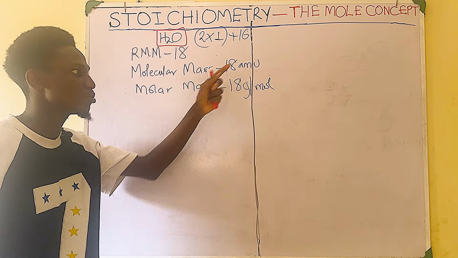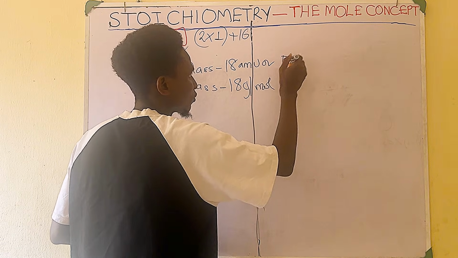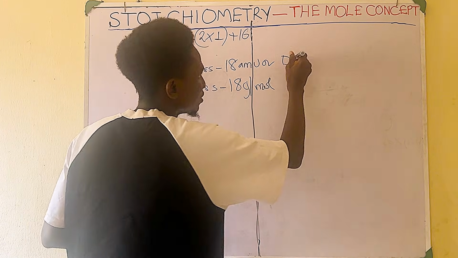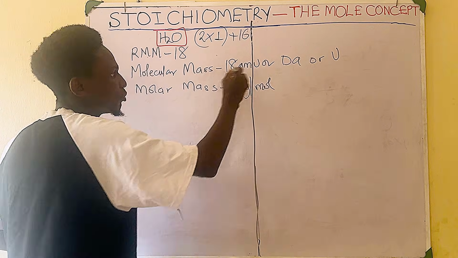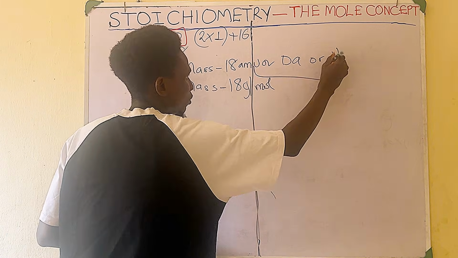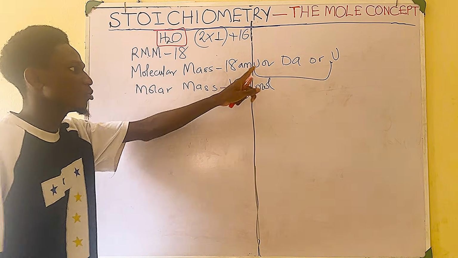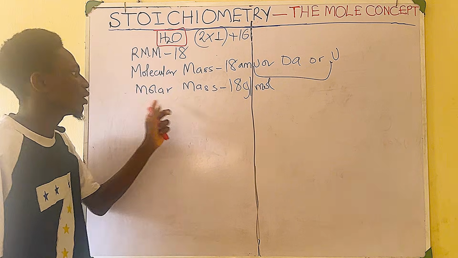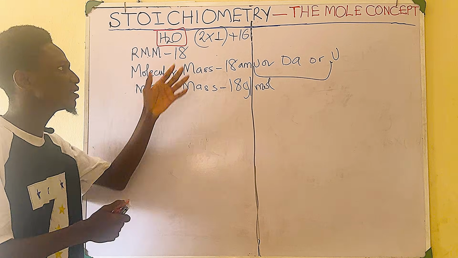This one has units as AMU or Daltons. The symbol for Daltons is Da, and u. So AMU can be presented as u for short. So either 18 AMU, 18 Daltons, or 18 u. Then molar mass is 18 gram per mole. So this is the distinction between these three.